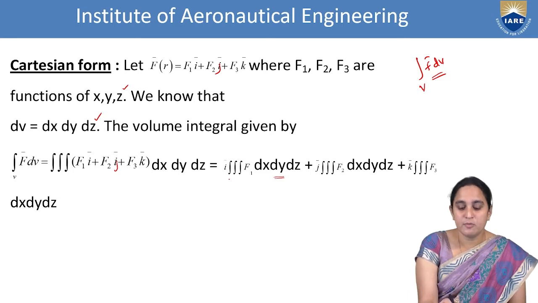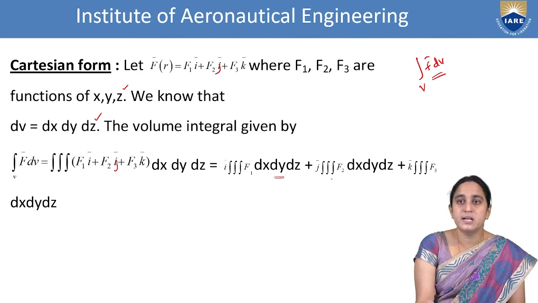From that formula, we get i bar into the triple integral of F1 dx dy dz, plus j bar into the triple integral of F2 dx dy dz, plus k bar into the triple integral of F3 dx dy dz.